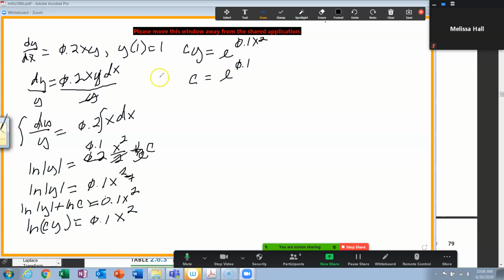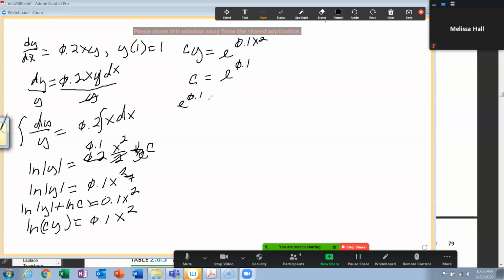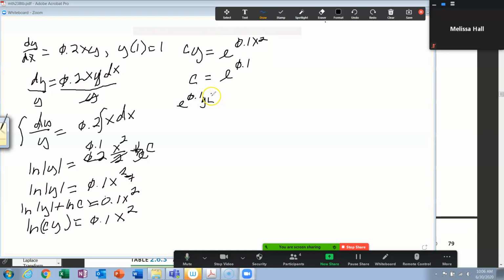So our c here would then be e to the 0.1.